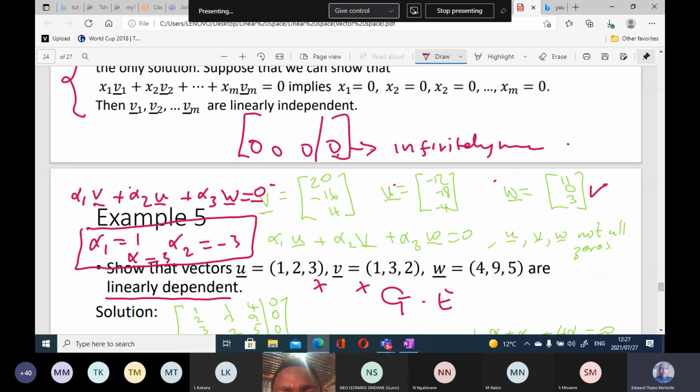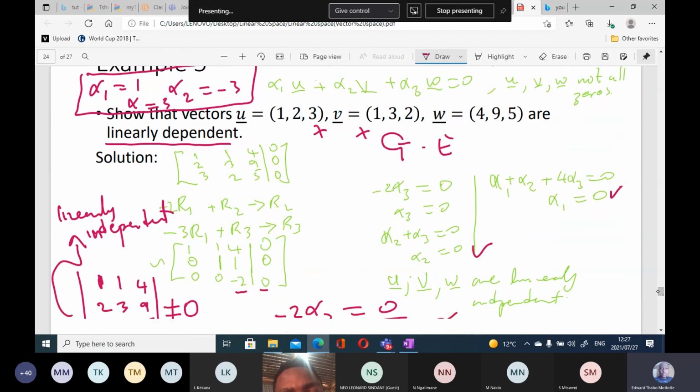So in this case, you will let alpha 3 be equal to t and solve like we did with the eigenvectors. Then you use this alpha 3 equals to t to solve for alpha 2 and alpha 1.